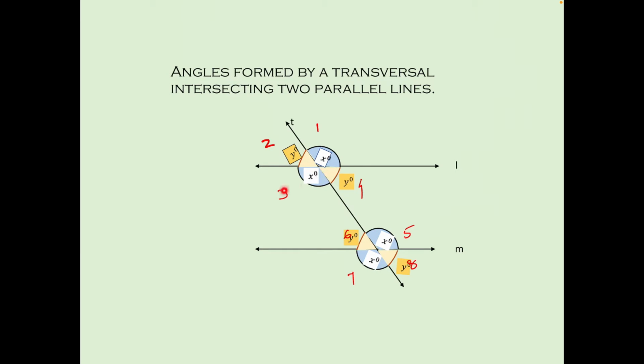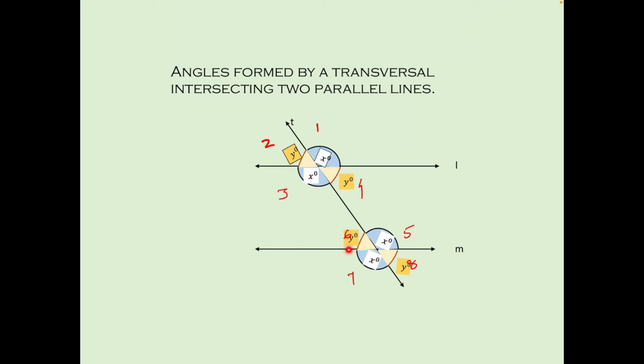First of all, we will see these 4 angles. Since they are inside the two parallel lines, they are known as interior angles. The angles which are on the same side of the transversal, say on the right side, say 4 and 5, are called consecutive interior angles, and similarly angle number 3 and 6 are called consecutive interior angles.